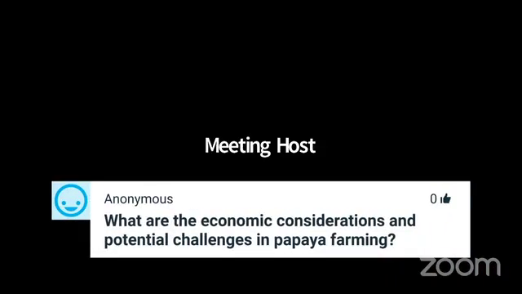What are the economic considerations and potential challenges in papaya farming? FYM, the amount of nutrition, the amount of manuring are important. If we don't provide proper nutrition and don't take care from the beginning, from the seedlings, at some time it can rot or some disease can occur, and all our hard work will be wasted.